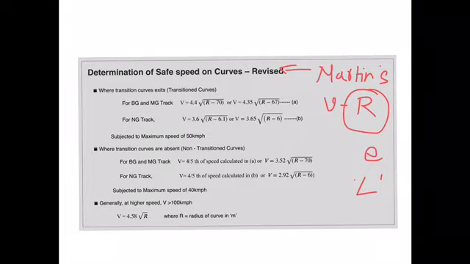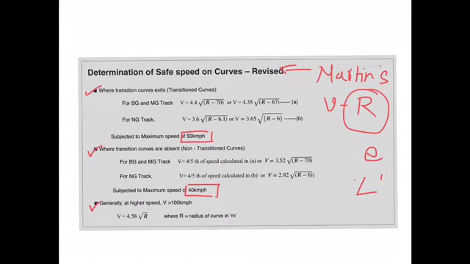To determine that, we have three conditions. The first condition is where the transition curve exists, the second is where the transition curves are absent, and the third is generally for the higher speed. The first two conditions give you the relationship between the speed and the radius of curve for the lower speeds.